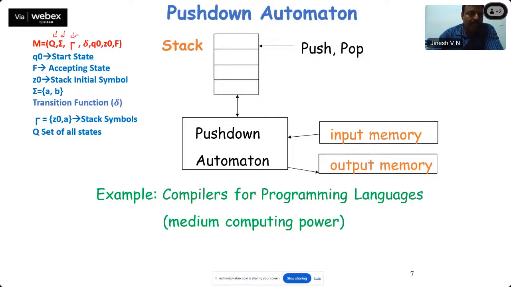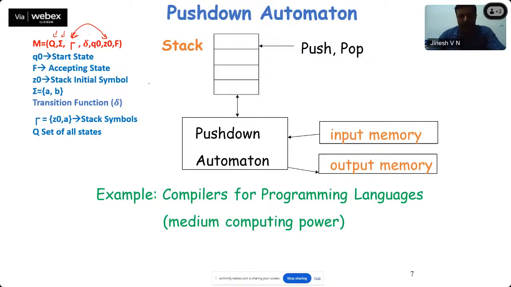Then the stack symbols, what are the symbols we are pushing into the stack, that is tau. Then delta, the transition function, remaining all same meaning. Here two things are new: the set of all stack symbols, and the initial stack symbol Z0. Two things are new, the remaining 5 have the same meaning.